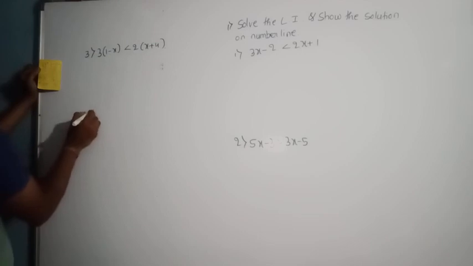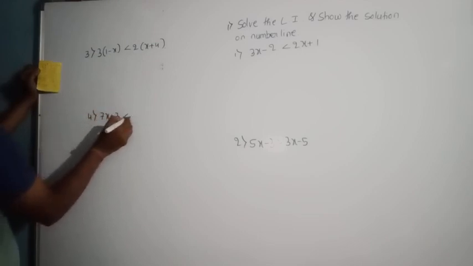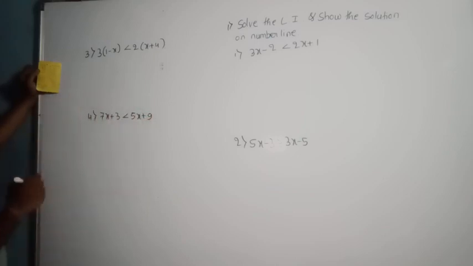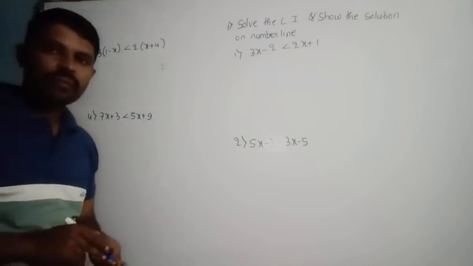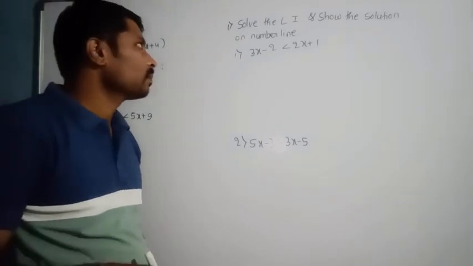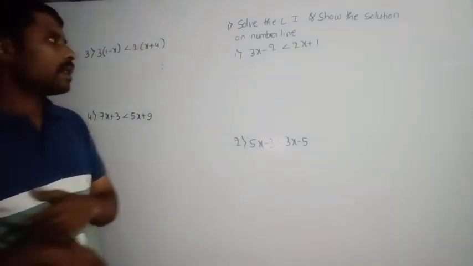Fourth one, 7x plus 3 less than 5x plus 9. So I will try to cover all kinds of questions. Just try to understand carefully. These kinds of questions are important for 2 marks.